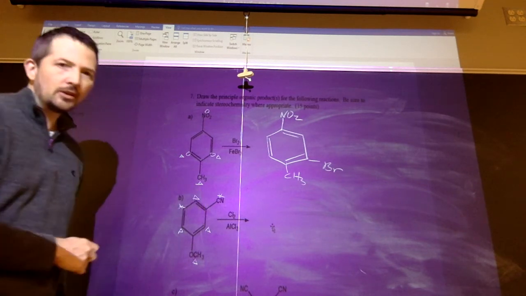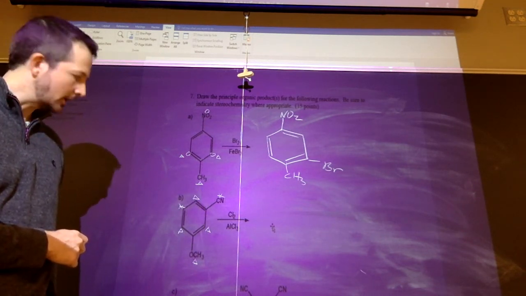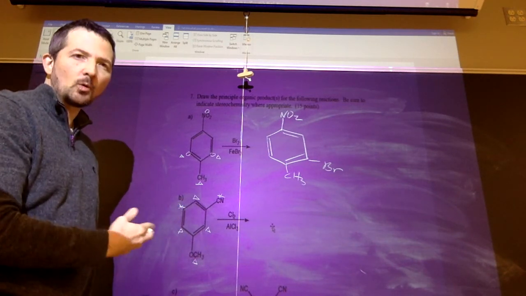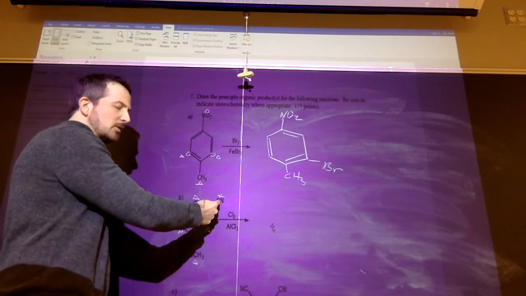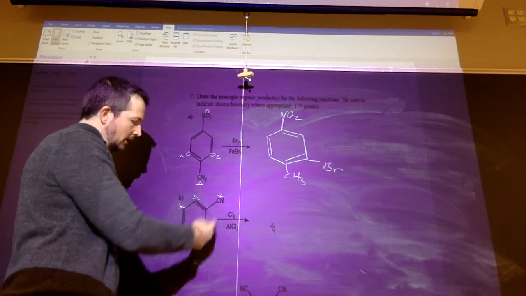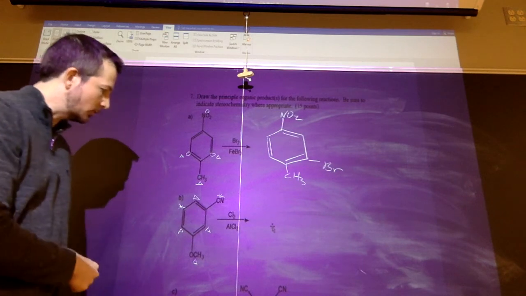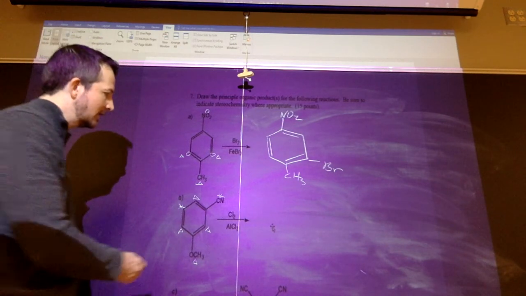So in here, the directing effects oppose one another. And in that case, you go by the one that's the more powerful activator. Or if you're going to have strongly deactivating, you're going to have strongly activating. So this one will be the one that will have the dominant influence.